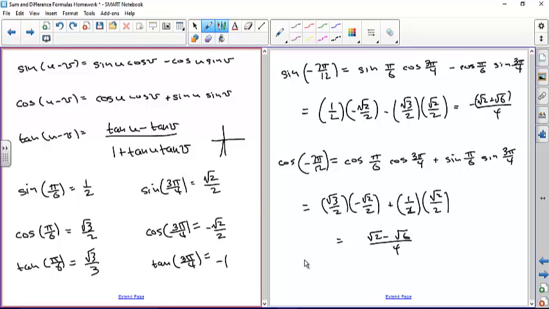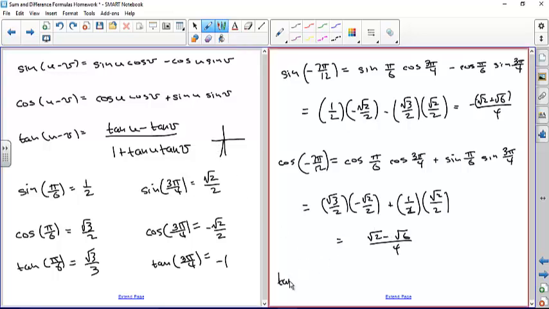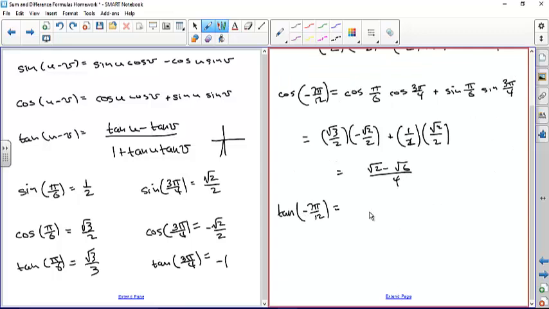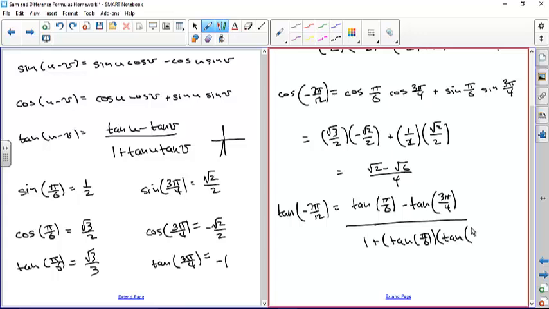And the tangent should be positive, so we get the tangent of negative 7 pi over 12 is equal to the tangent of pi over 6. I guess I should write these down. So you get the tangent of pi over 6 minus the tangent of 3 pi over 4 divided by 1 plus the tangent of pi over 6 times the tangent of 3 pi over 4.